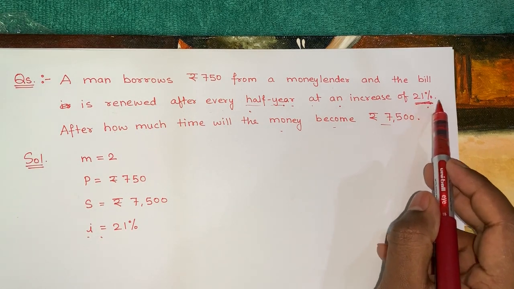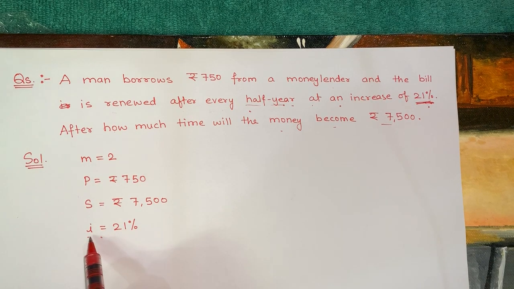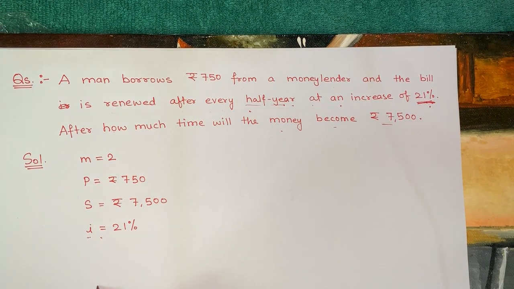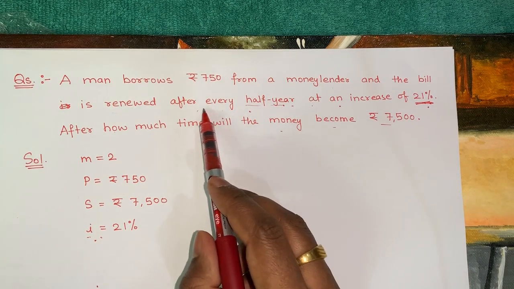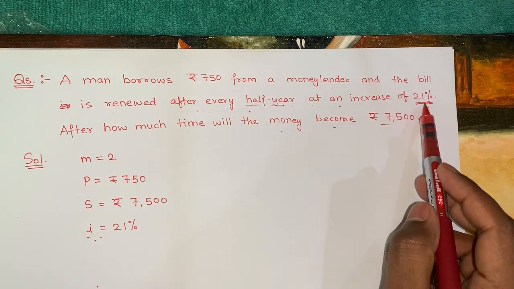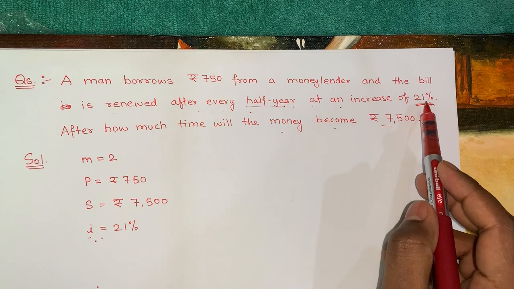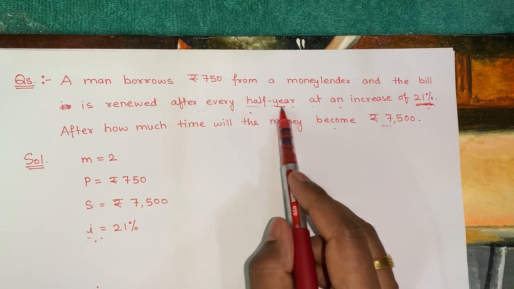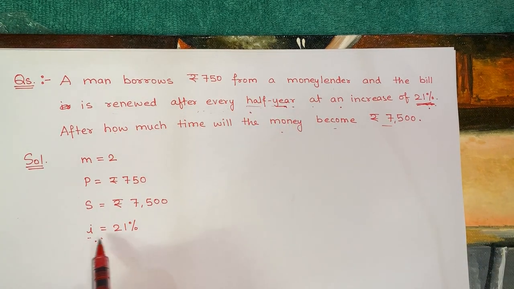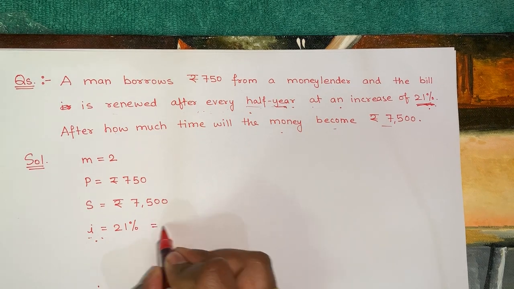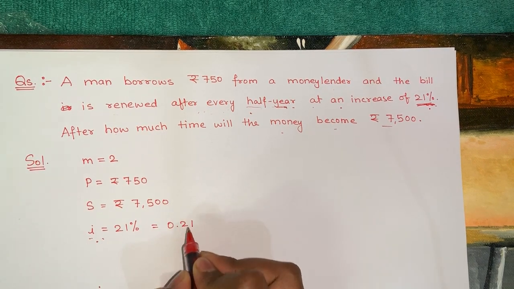If it would have been given as 21% per annum, then we would have taken it as R and divided it by M to compute I. But since it is said that after every half year there is an increase of 21%, it means that 21% is the half year rate of interest. Hence our I is equal to 21%, which is 0.21.